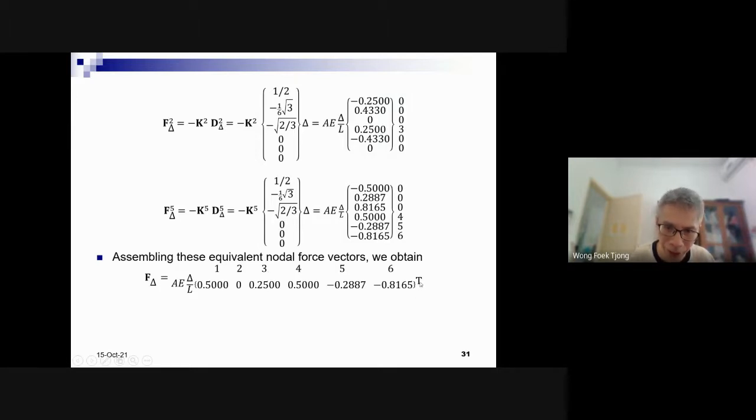Transpose, of course. This is transpose. I write it as a row factor to save the space, but actually this is a column factor, so use transpose to become a column factor. This is global, so this is F delta.